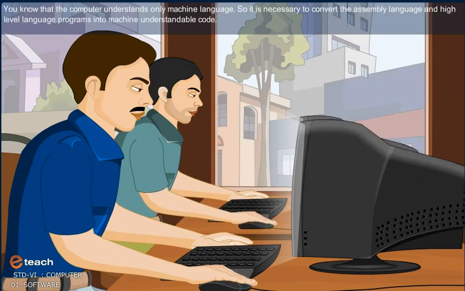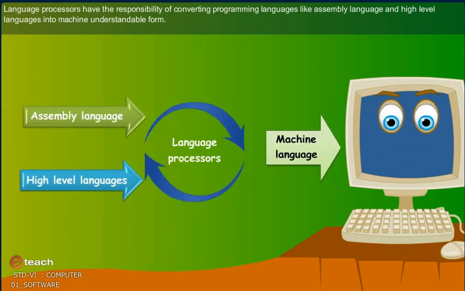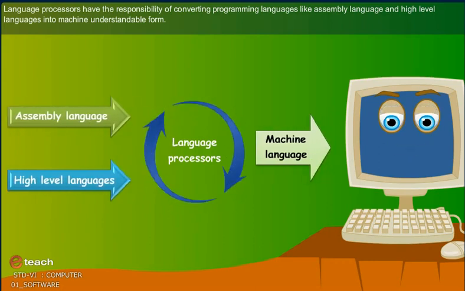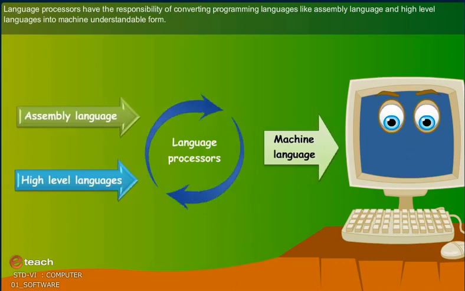You know that the computer understands only machine language. So, it is necessary to convert the assembly language and high-level language programs into machine-understandable code. Language processors have the responsibility of converting programming languages like assembly language and high-level languages into machine-understandable form.